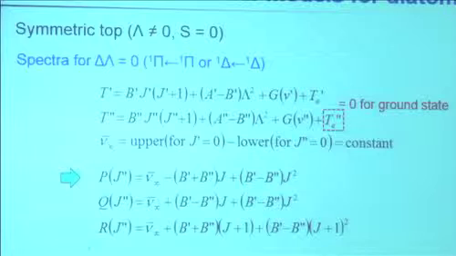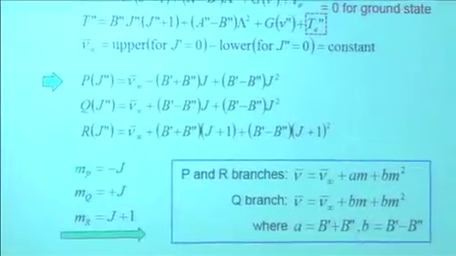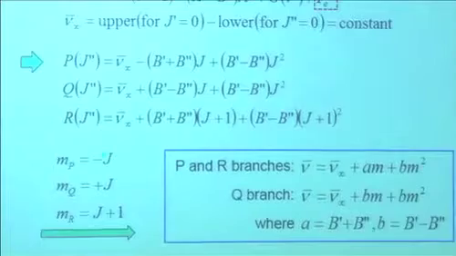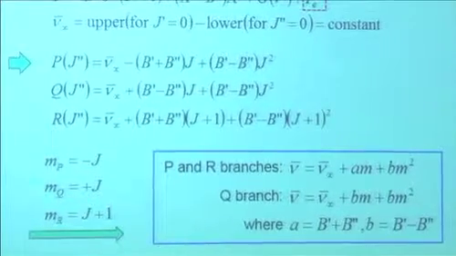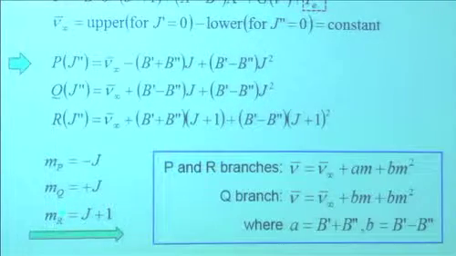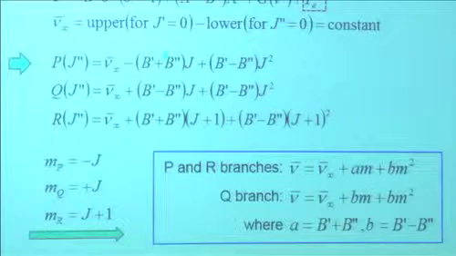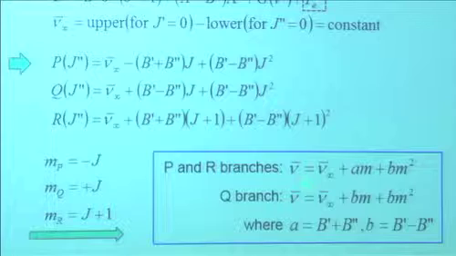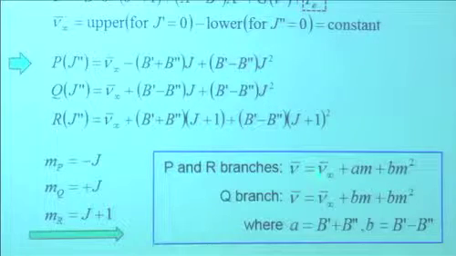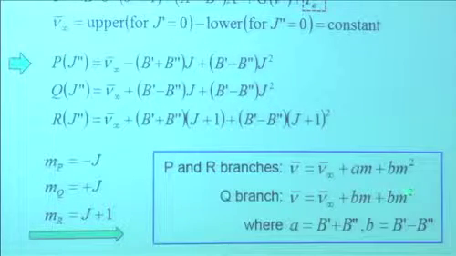So these are the energy level expressions that look quite a bit like the rigid rotor, but with this other stuff on there. Remember our definition of M, we use M to be either a minus number or a plus number this way. And you're going to see later why we like this. And these expressions follow this format of a constant called the rotationless transition number plus AM plus BM squared. So they're always of this form, a linear term and a square term.